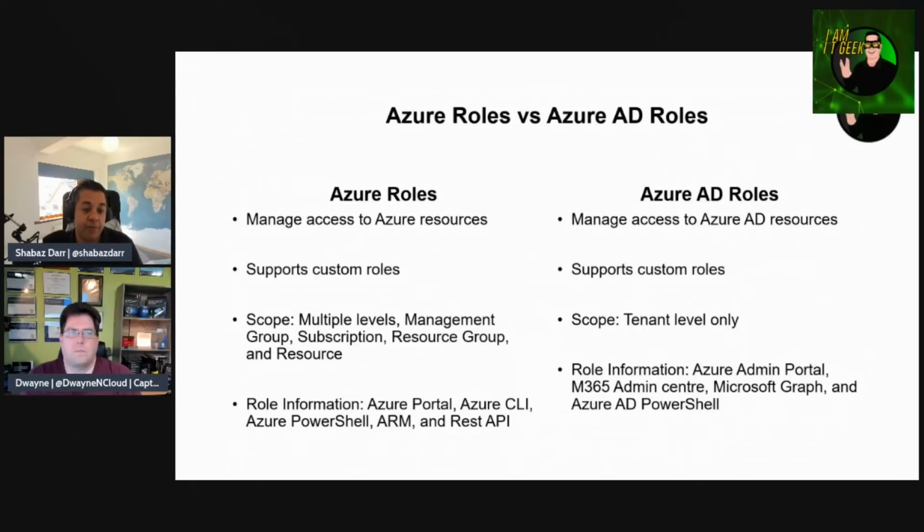Whereas with Azure AD roles, it's the Azure Admin Portal, not the Azure Portal, Microsoft Graph, and the 365 Admin Center as well. Both of them are manageable through PowerShell, but the difference is the module you use. With Azure, you'd use the Azure module, and with Azure AD, there's a specific Azure AD module you would need to use. So just be careful with that.